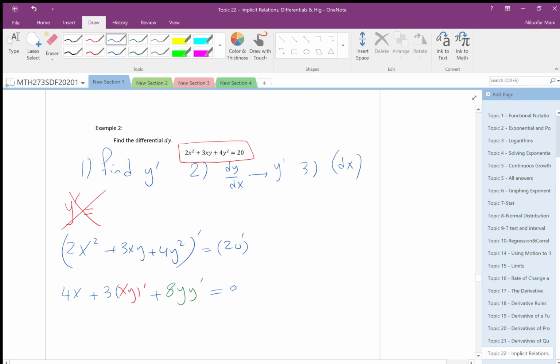Okay, I'm not done. I have to do the derivative of a product. Here is the derivative of multiplication. So the answer is 4x plus 3 times derivative of x, y plus derivative of y, x, plus 8y y prime, equals 0.